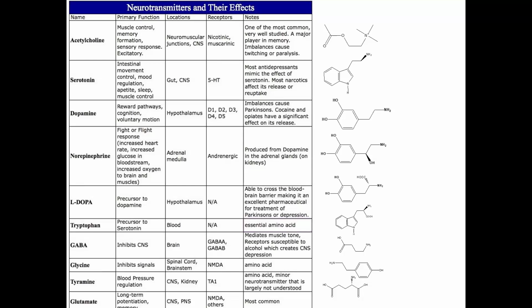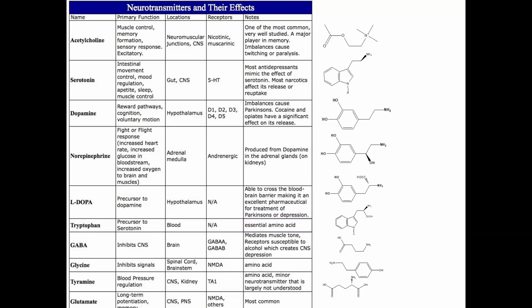And all the neurotransmitters, acetylcholine, serotonin, dopamine, and even tryptophan, GABA (gamma-aminobutyric acid), and glycine, which is an amino acid that's also a neurotransmitter. If you notice, most of them have these ethylamine moieties. Right here we have my favorite, dopamine.